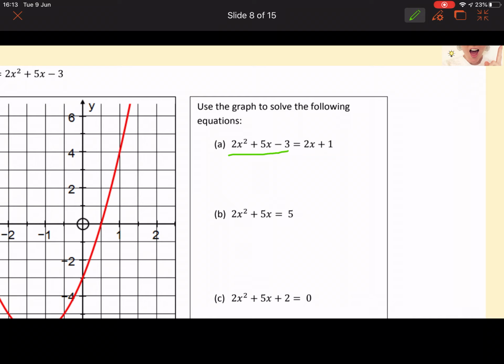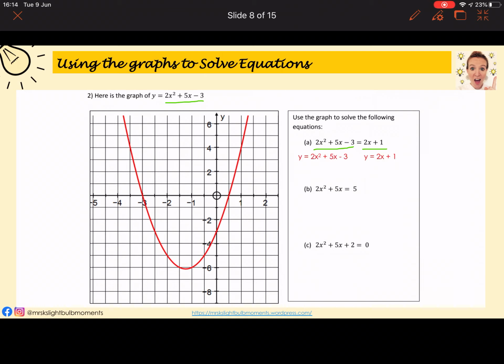We've got 2x squared plus 5x minus 3, which is what I had in the original equation. So that's my curve, lovely. My right-hand side is 2x plus 1. So my two equations are y equals 2x squared plus 5x minus 3 and y equals 2x plus 1.